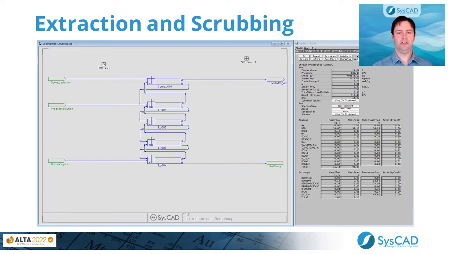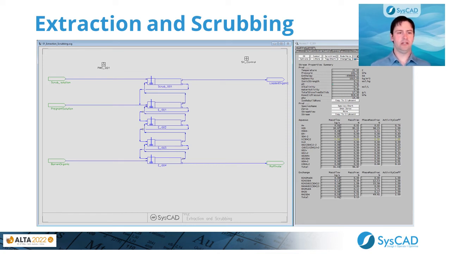And the other product out of extraction cell 1 is the loaded organic. The loaded organic is then scrubbed with a dilute acid solution to remove some unwanted metals such as arsenic. Arsenic is not included in this model, but these are typically referred to as an arsenic scrub cell.